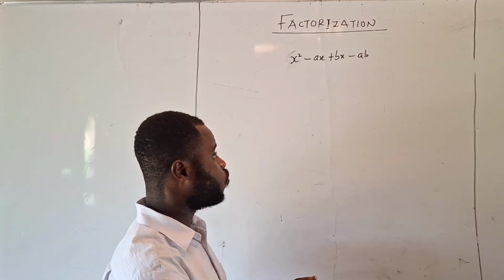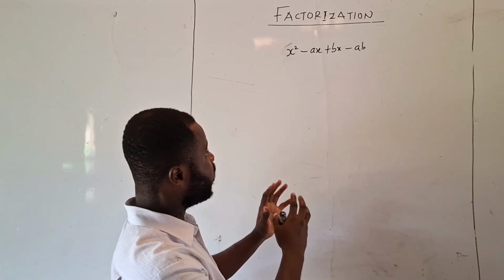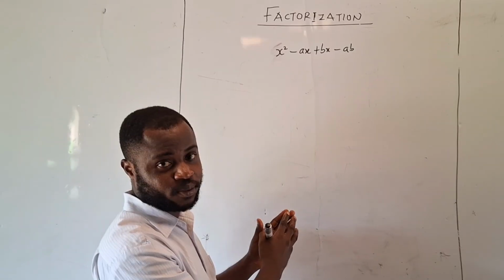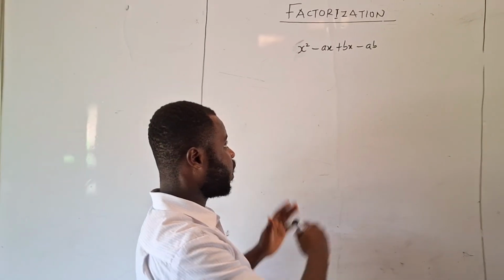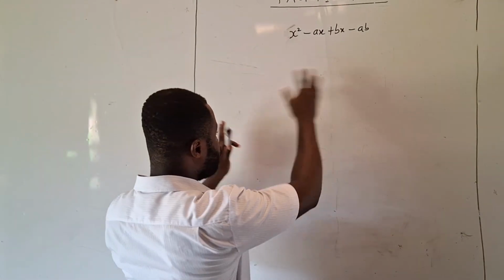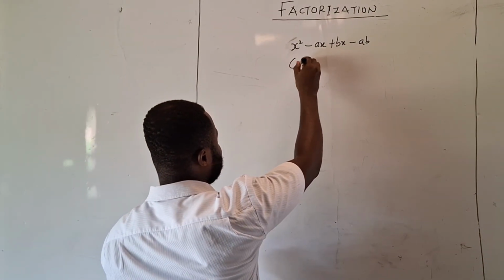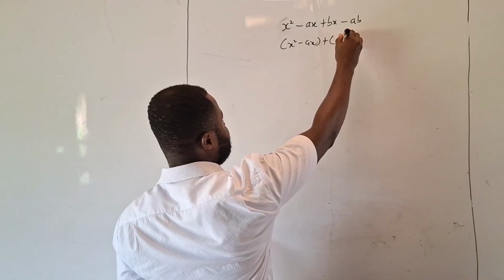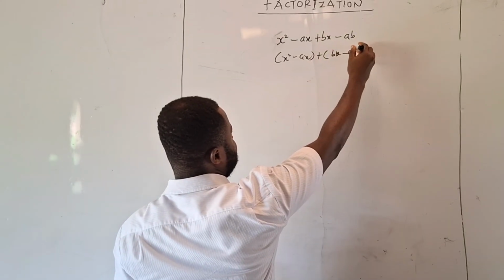In this method of grouping, the secret is that when you are answering it correctly, the element in both brackets should be the same thing. This is what I mean. Let's group it and see. We have x squared minus ax, then plus bx minus ab.